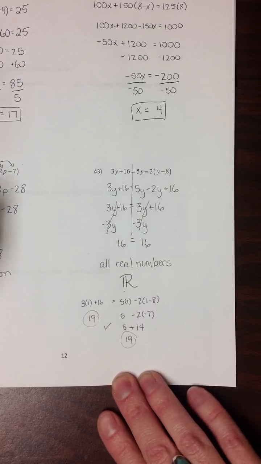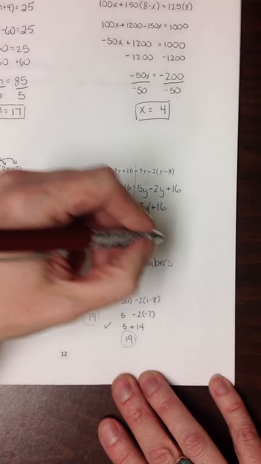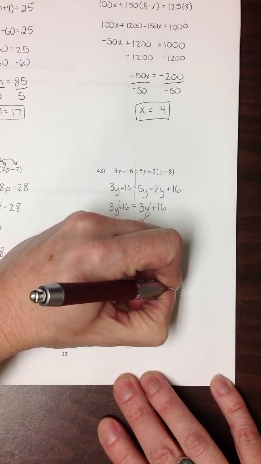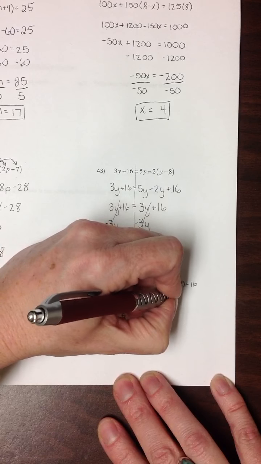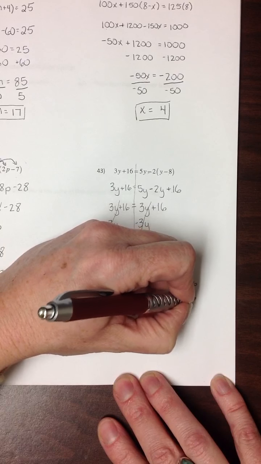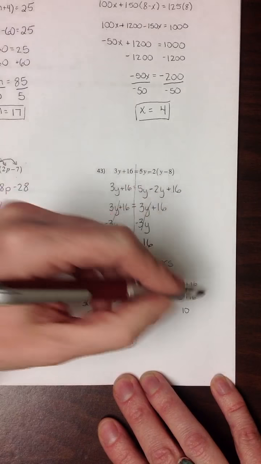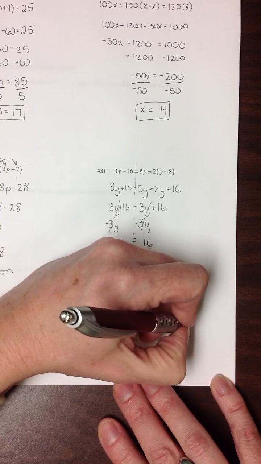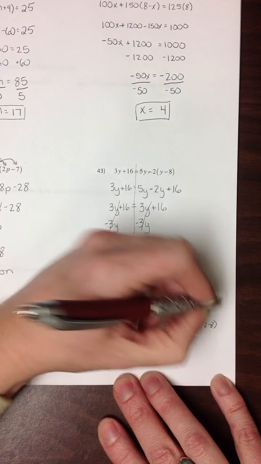But try the check again using a different number. Let's say negative 2 and see what happens. 3 times negative 2 plus 16 gives us a negative 6 plus 16, which is a positive 10. When we check that same answer on the right side, 5 times negative 2 minus 2 times negative 2 minus 8.